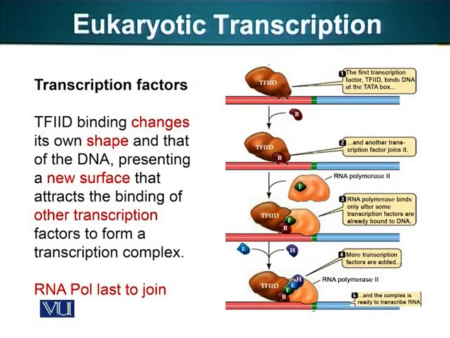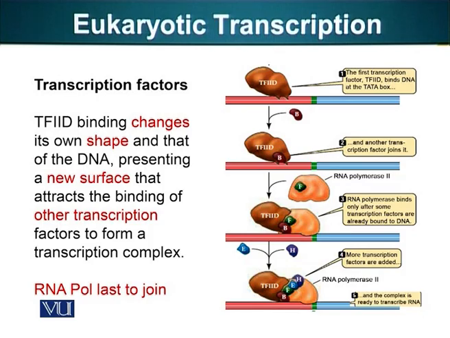Once TFIID binds the relevant position, other proteins are engaged. They come in and start binding the complex, because when TFIID binds the DNA, it changes its own conformation, and it also changes the conformation of DNA and makes it available to proteins that could not bind before the change.